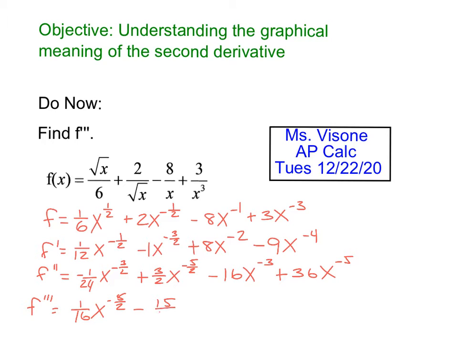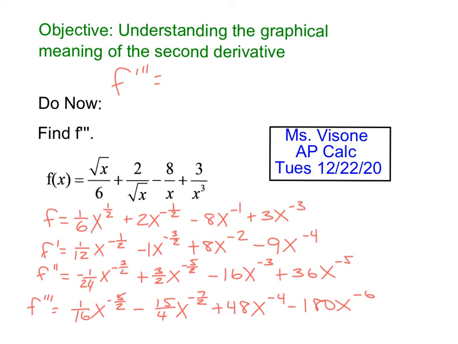Minus 15 over 4. X to the negative 7 over 2. Plus 48. X to the negative 4th. And then minus 180. X to the negative 6th. And then if you want to rewrite it, I usually do, because they gave it to me as roots, I usually write it in the way that they gave it to me.